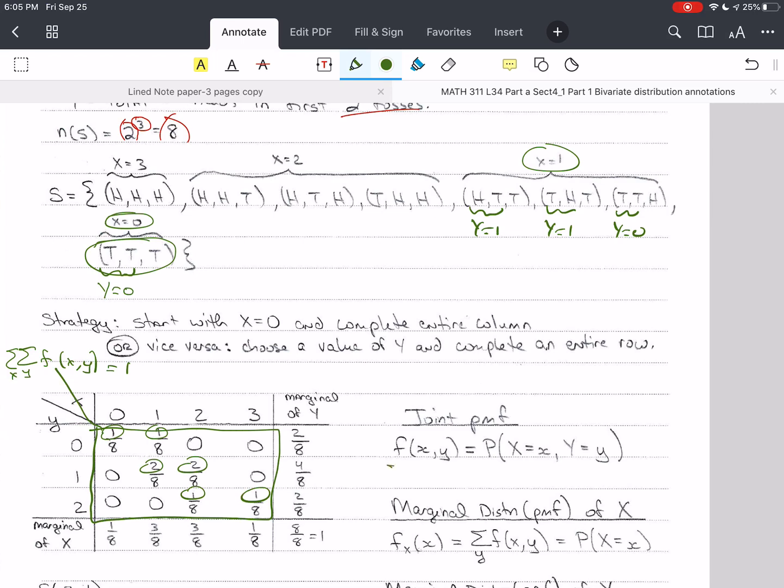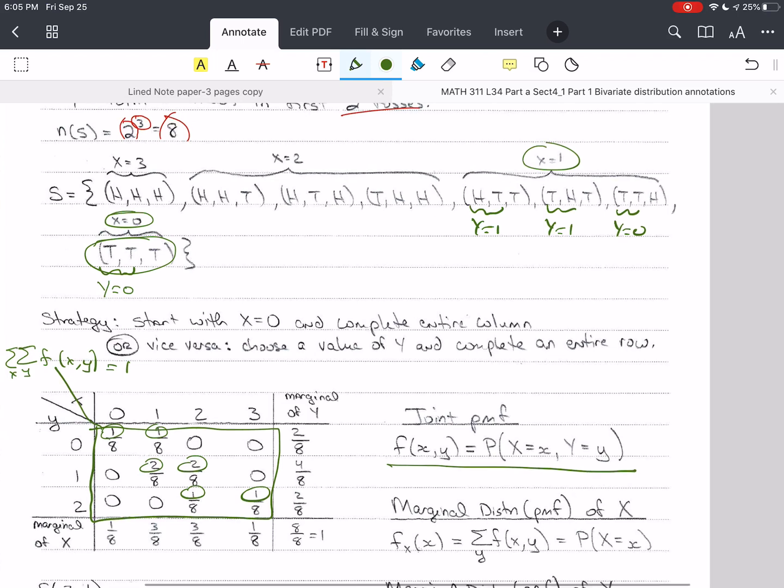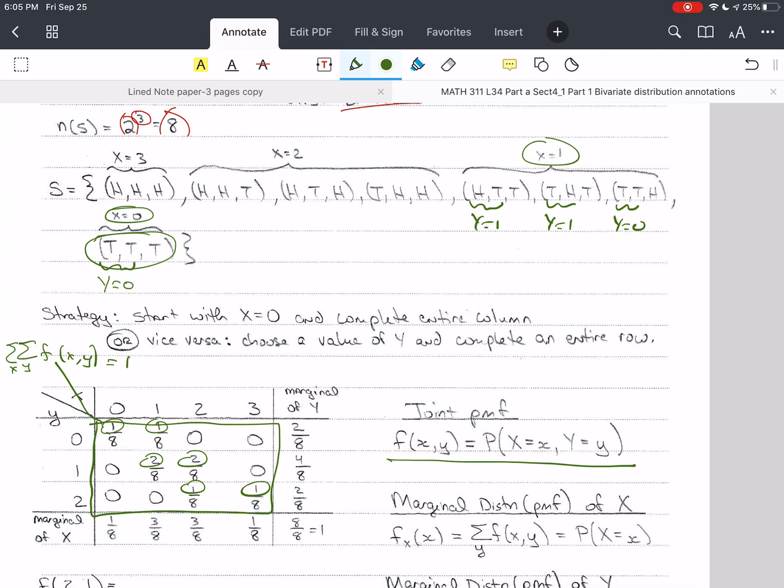So here is how we write the joint PMF of x and y, and then the marginal distribution or PMF of x is written, this is supposed to be a capital X down here, and this is a little x here. And so I sum across the y values of the joint PMF. So the sum of the joint PMF across the y for a fixed value of x, just like we did here.